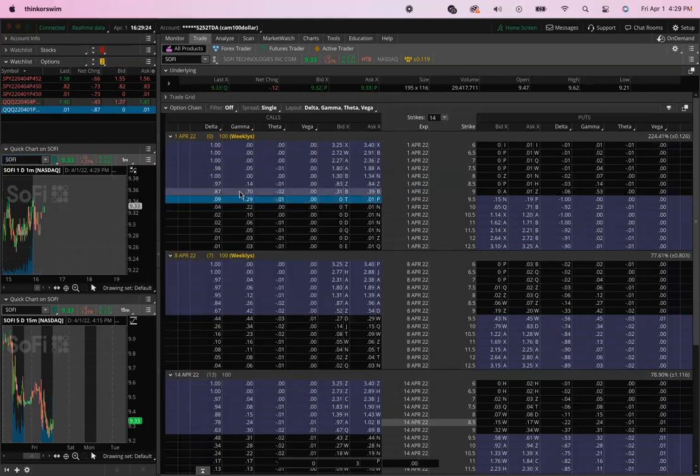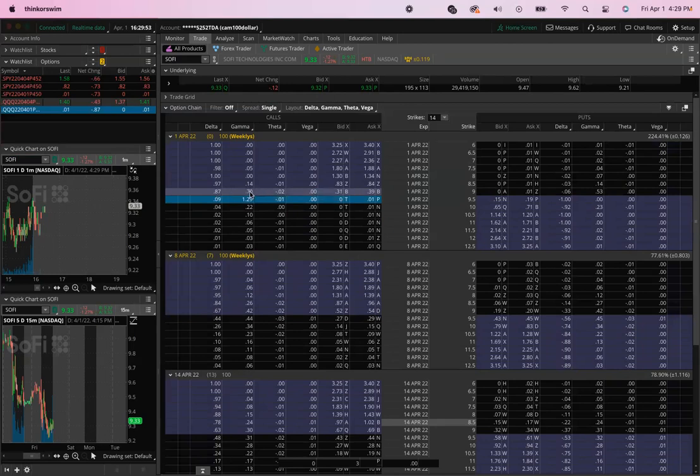Let's call it 120, right? So if this goes from 932 to 1032, then this contract rate here is going to go from 0.35 to 1.20, to 120, right? Because of this delta.